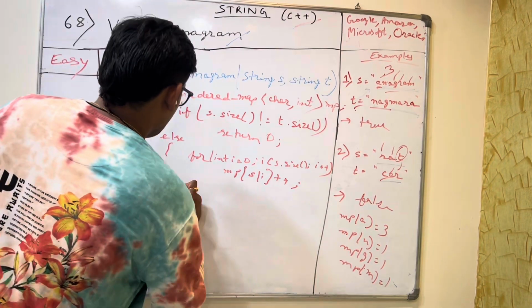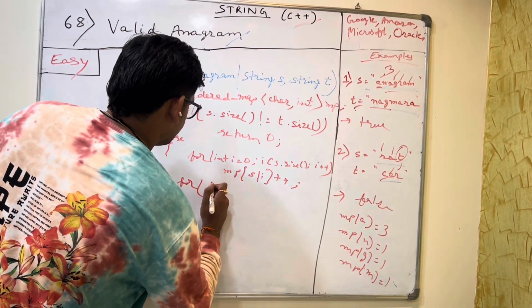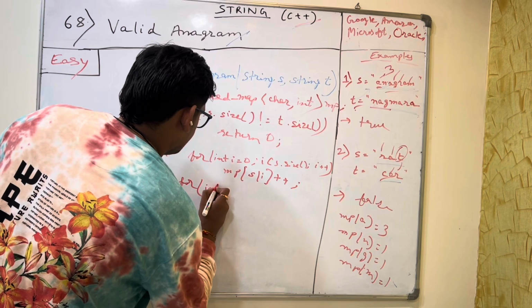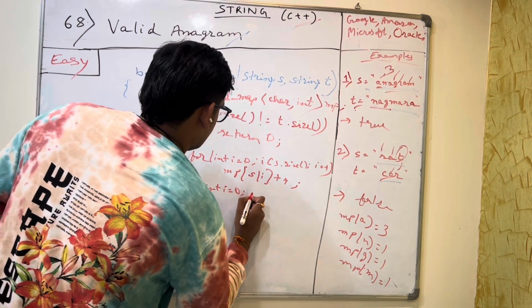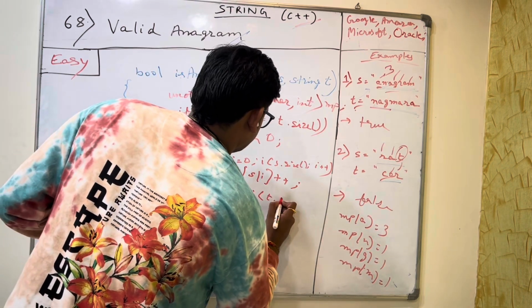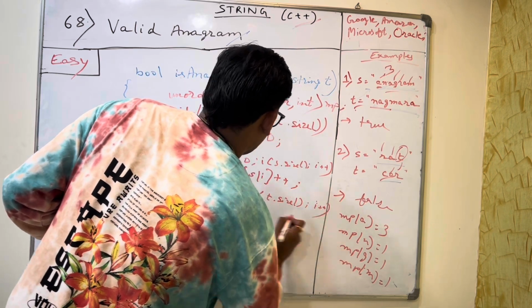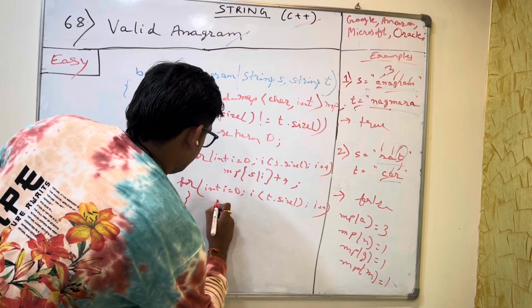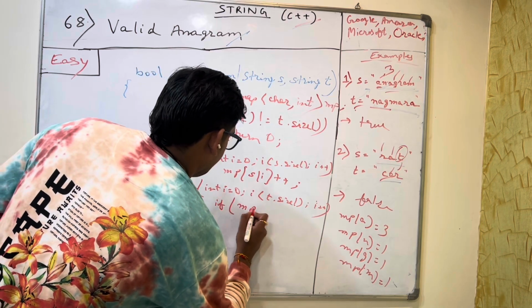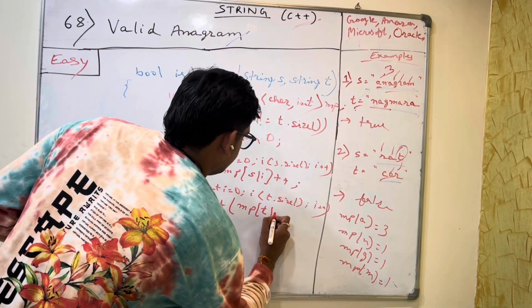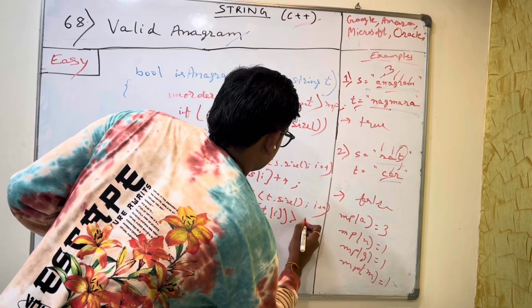Now what do we do? We'll traverse the string T, for int i equal to 0, i less than T dot size, and i plus plus. Now we check if MP of T[i] is greater than 0.